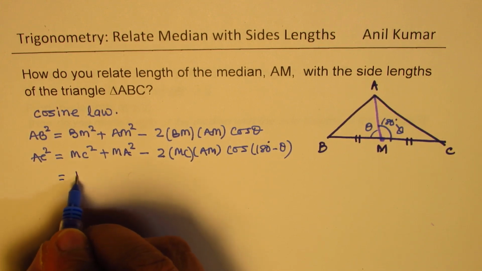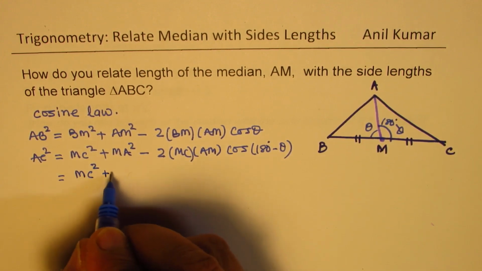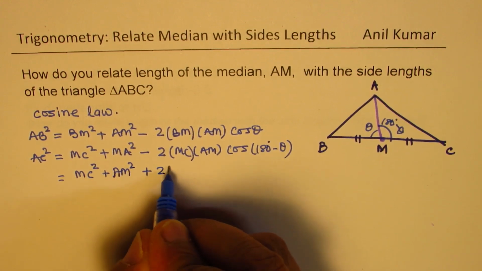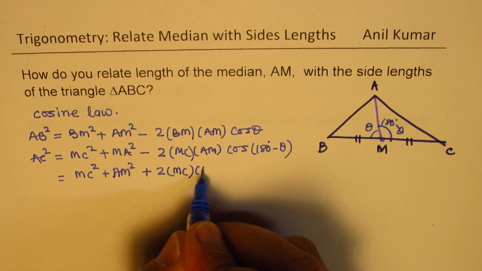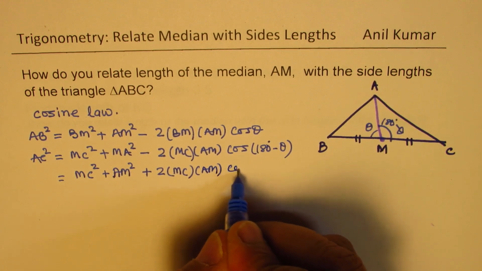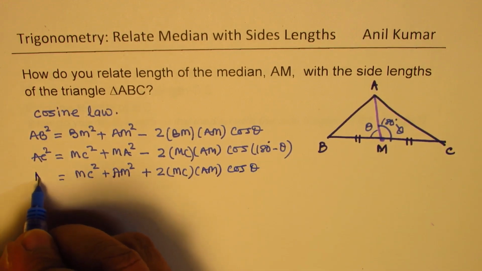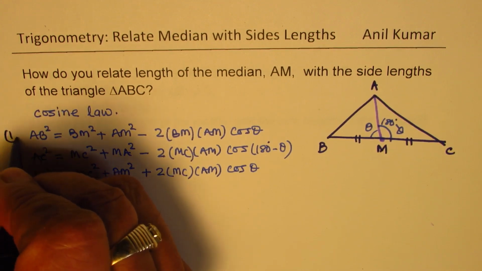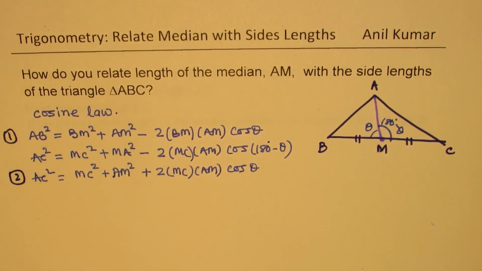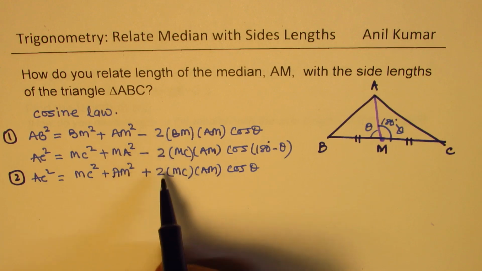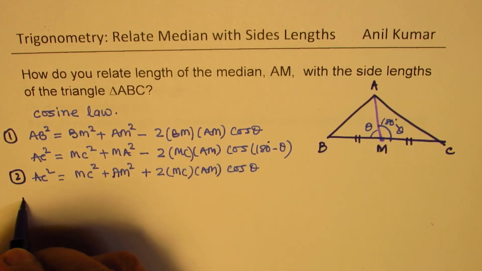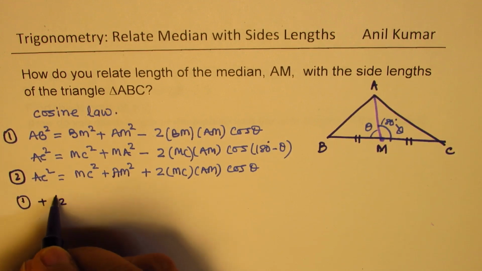So I could write this as MC square plus AM square plus 2 times MC AM cos theta. So we get AC square is this. Let's call this equation 1, and that equation 2. Now if I add these two equations, the cos terms cancel. So we are doing equation 1 plus equation 2.